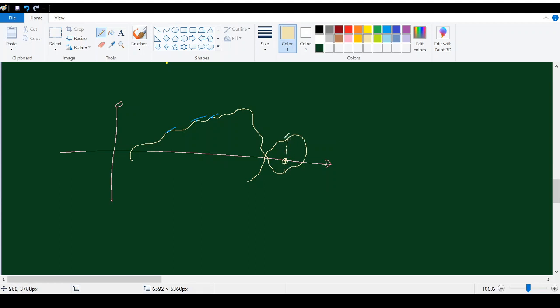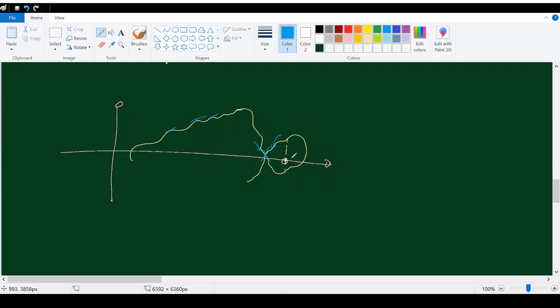But anyway, for this curve, at this intersecting point you can see that there are two tangents like this, because basically you have two curves crossing each other. One curve is this one and the other curve is this one. So at that intersecting point you will get two tangents.